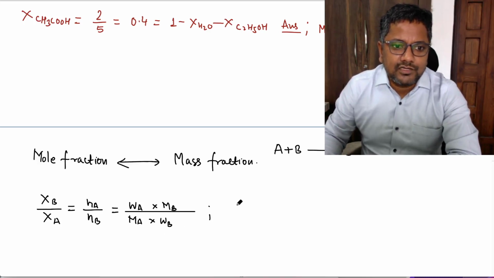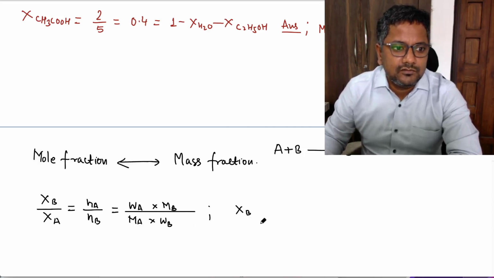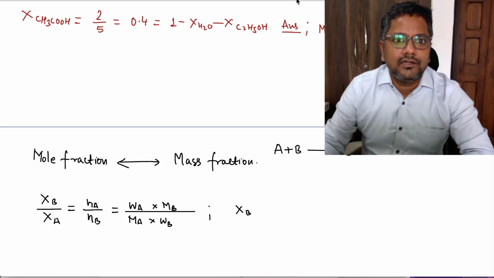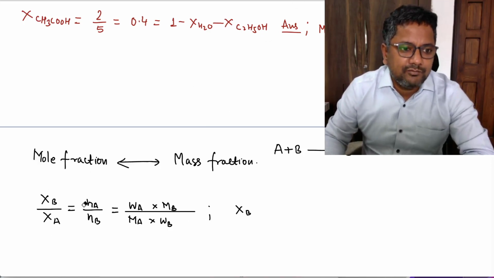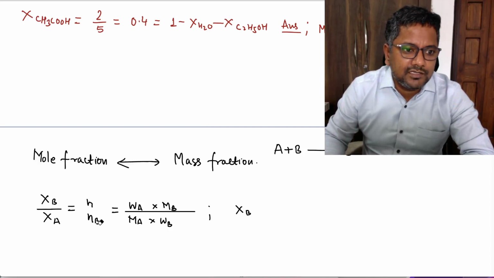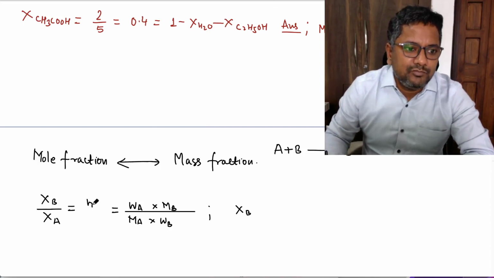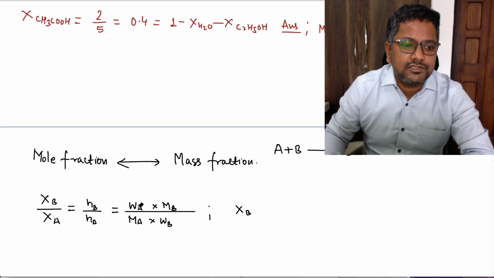Now from this equation you can write mole fraction of B by mole fraction of A is equal to NB by NA, right?